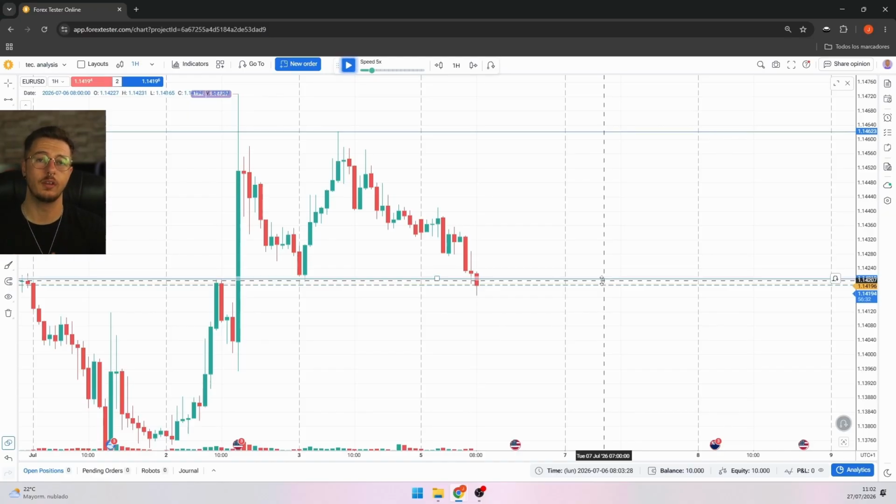So it depends on the strategy that we're going to use, because some strategies work with a positive risk reward in terms of 1 to 1, 1 to 2, 1 to 3. Some work with negative risk rewards like 0.5 to 1, 0.7 to 1, 0.3 to 1. And all this will have a direct impact on our win rate, because if we have a risk reward of 1 to 2, we can expect a win rate lower than 50%. With a 1 to 2, we probably expect a win rate of 33%, 34, 35, 36.